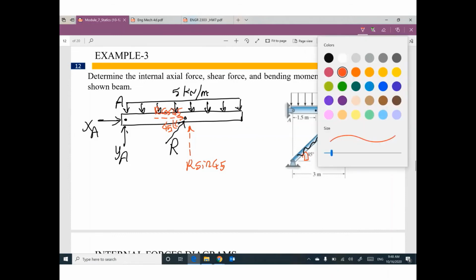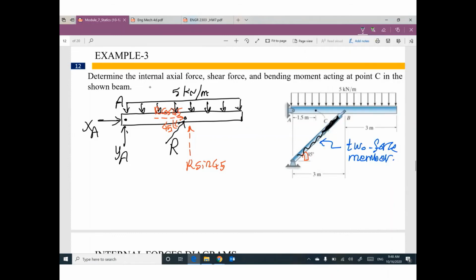Anybody remember how I can convert this distributed load to an equivalent one? It will be here. How much? 5 times 6, 30 kilonewton.